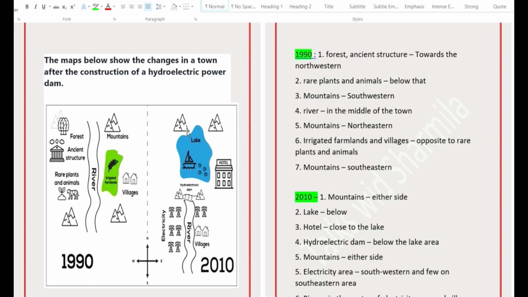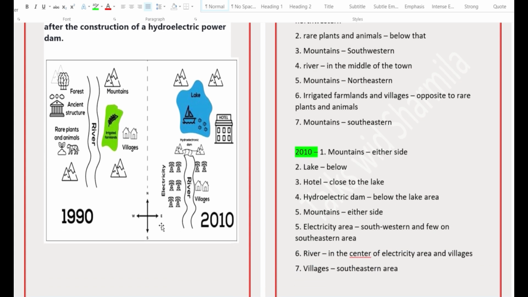The mountains are on either side, below that is the lake and the hotel which is very close to the lake, the hydroelectric dam which is below the lake area, again the mountains on either end of this, the electricity area which is to the southwestern part and a few on the southeastern area, a river in the center of the electricity area and the villages which are to the southeast area.